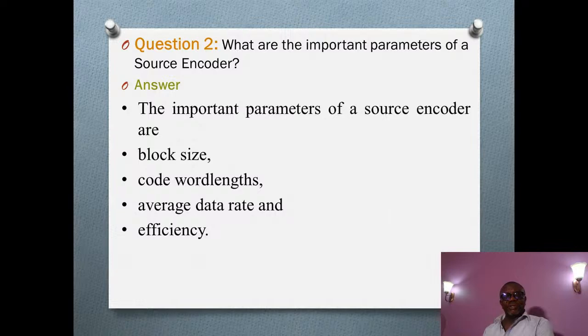And of course, the average data rate is the quantity of data that the encoder can transmit over a specific time. And of course, there is efficiency, that is how best this encoder performs its duty.